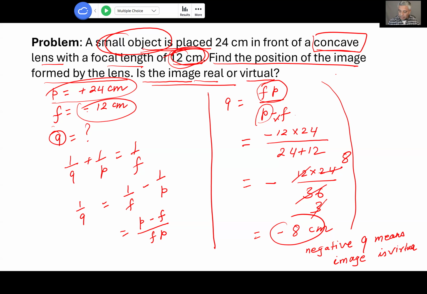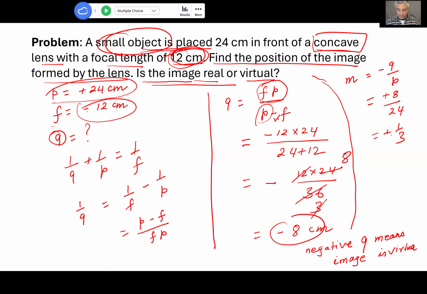How about we calculate magnification? Let's say magnification is negative Q over P. So Q is negative 8. So negative times negative is positive. So positive 8 divided by P, the object distance was 24. So that is positive 1/3. Okay. So image size is 1/3 of the object.